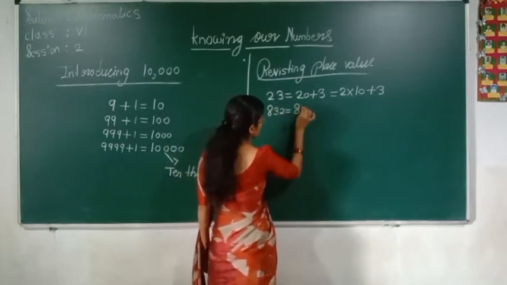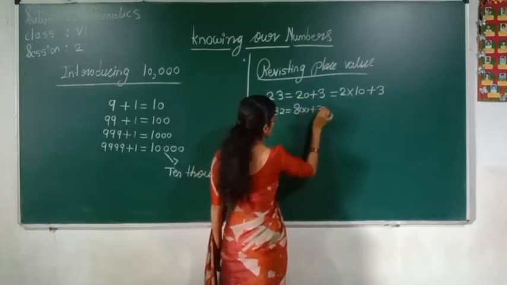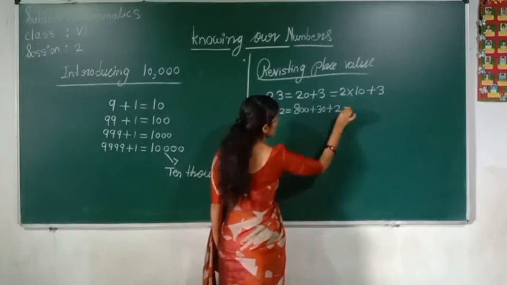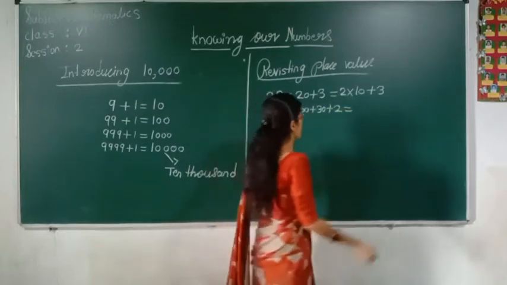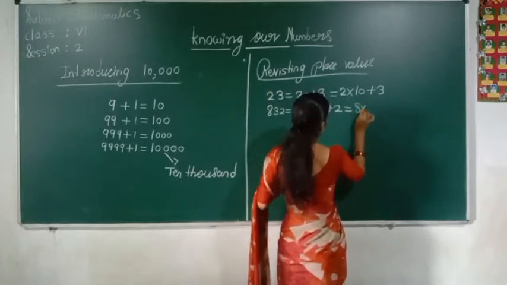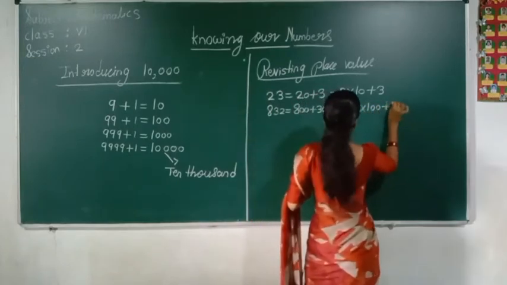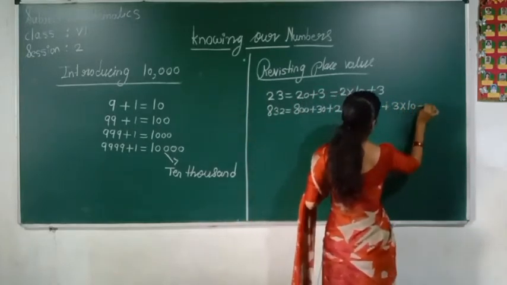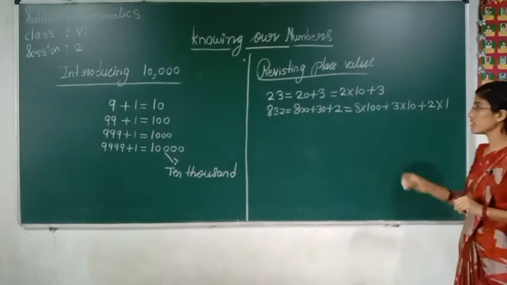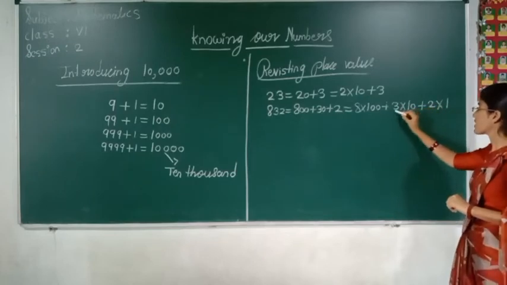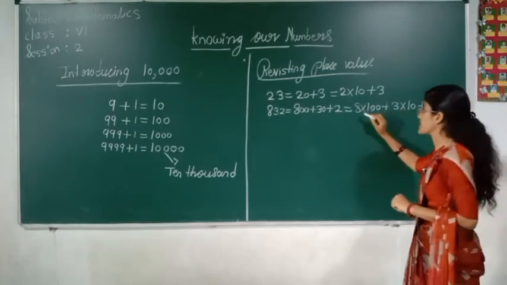It will become 800 plus 30 plus 2. We have learned this in the last class. Yes or no? How to expand a 3-digit number. It is 8 into 100 plus 3 into 10 plus 2 into 1. Here we come to know that 2 is at ones place, 3 is at tens place, 8 is at hundreds place.